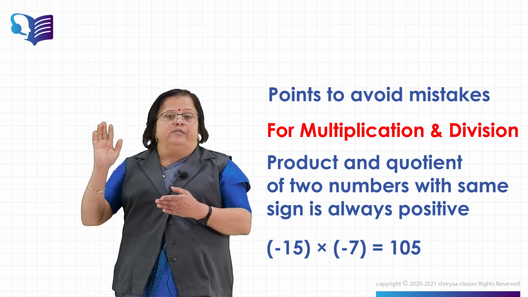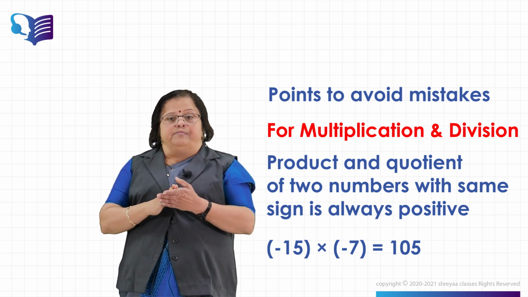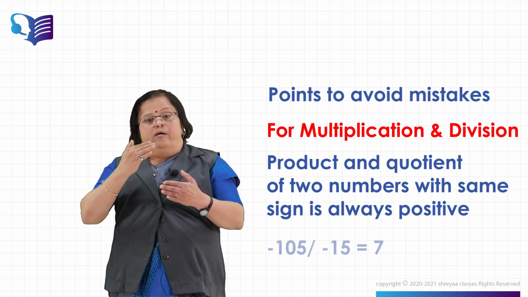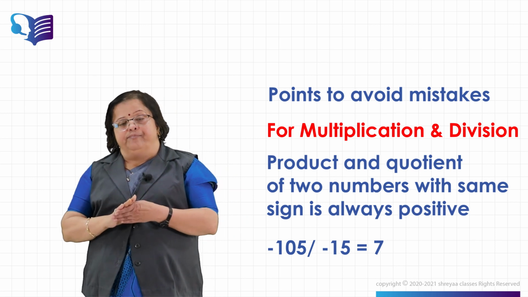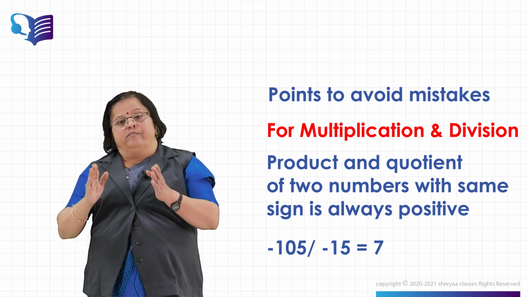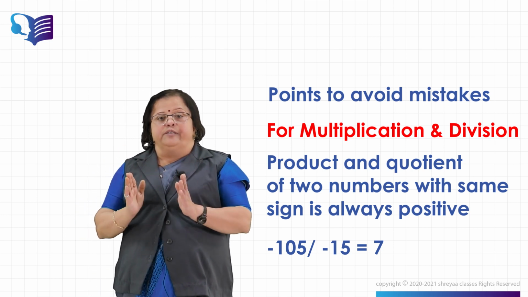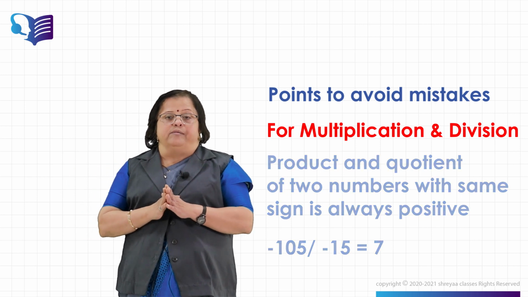You do not write the sign plus behind 105. Now, if you check the division also, -105 divided by -15. Here the two numbers are with the same sign, negative. So the answer is what? 7 with positive sign, plus 7.